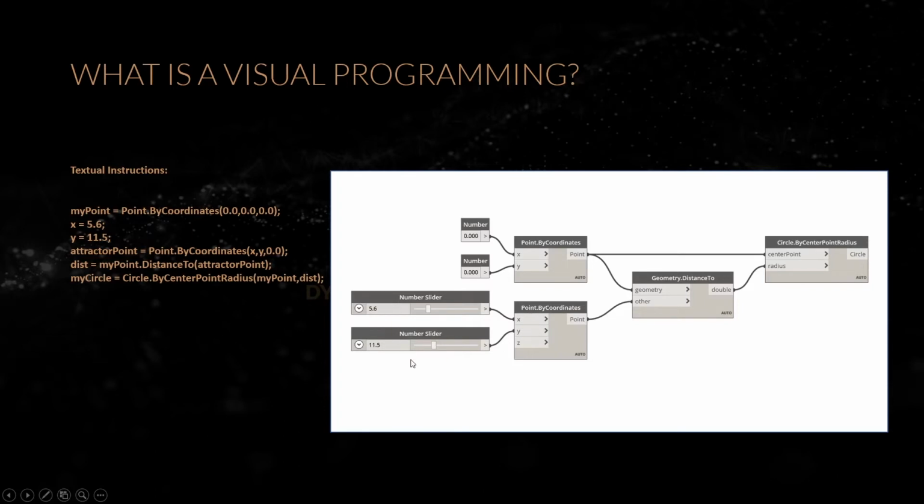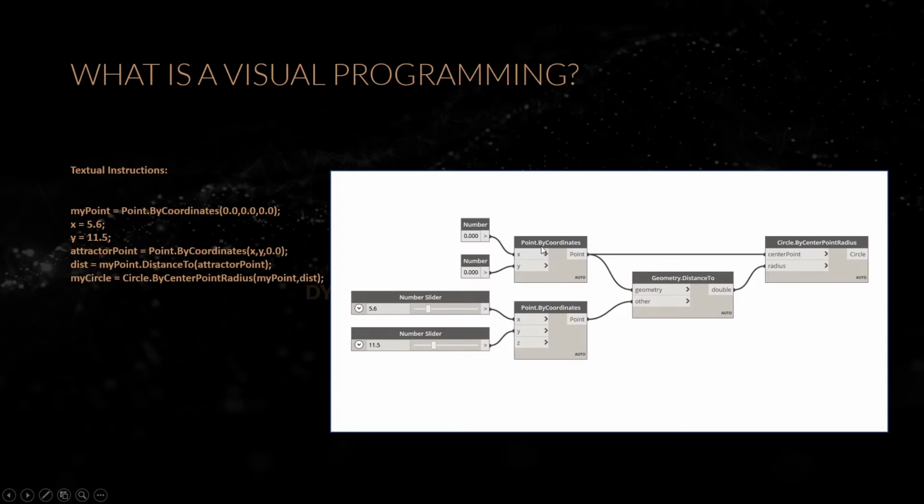For y I put 11.5 and here is 11.5. If I don't like this number, I have this number slider. Just slide this and you can choose another number for that. And here we have a 0 for Z, that is by default, and here we have the 0.